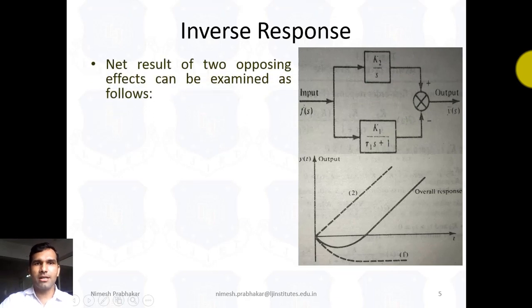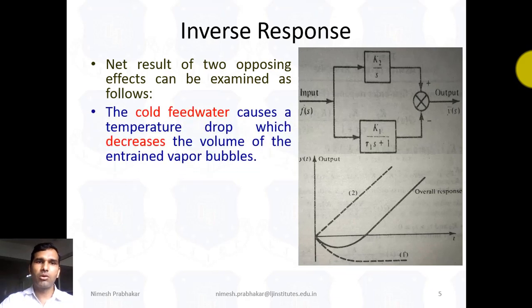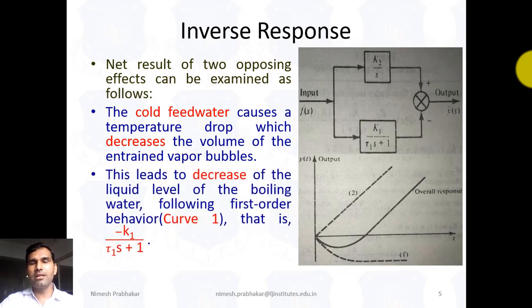So the net result of two opposing effects can be examined. The cold feed water causes a temperature drop, which decreases the volume of the entire vapor bubbles. This leads to a decrease of the liquid level of the boiling water following a first order behavior curve, that is this.